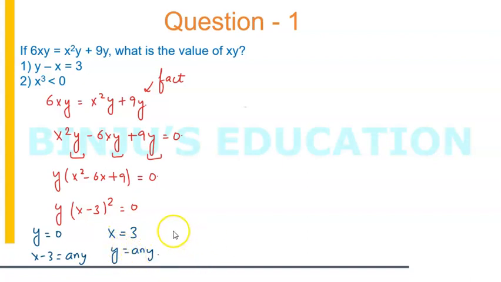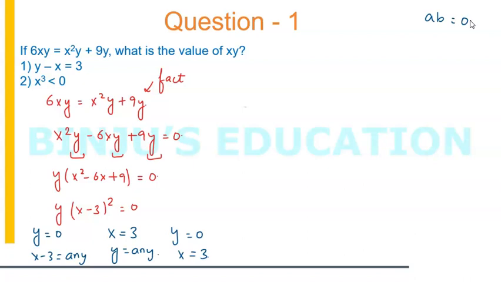Third is y is 0 as well as x minus 3 is 0, which means x is equal to 3. When a into b is 0, that means either a is 0 or b is 0, or both can be 0, because 0 into 0 is also 0. So these are the three conclusions that we can draw.